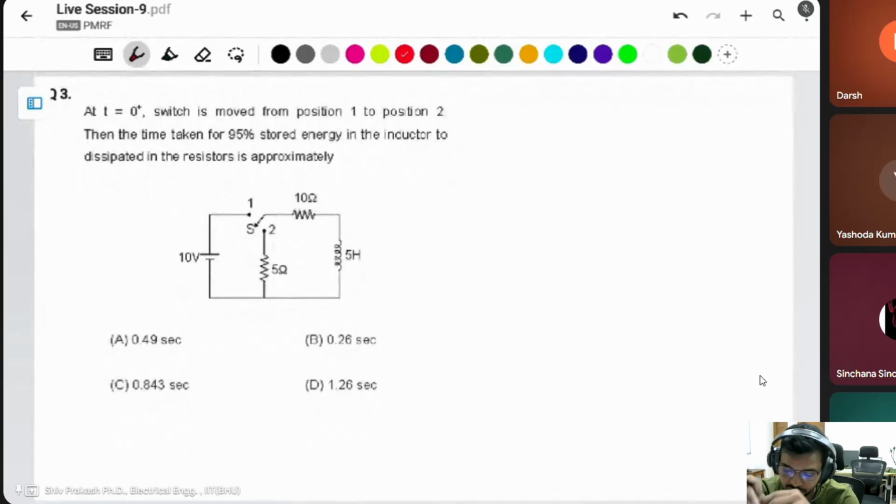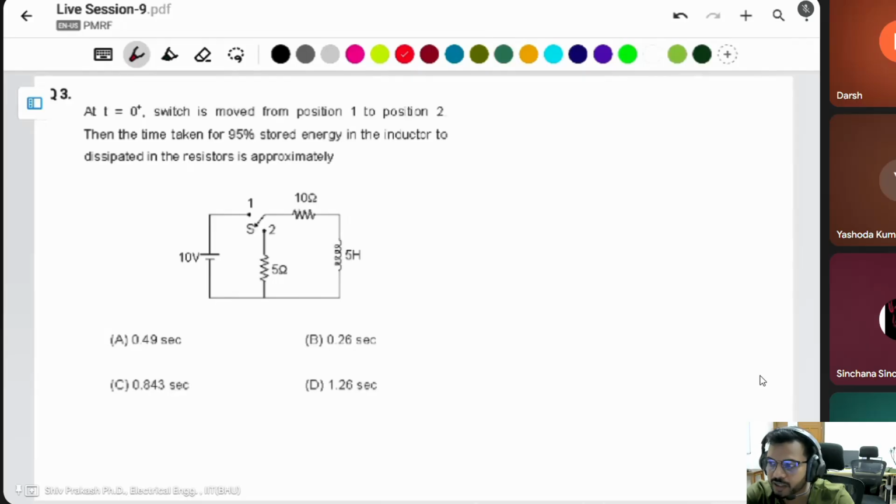Next question is about the transient. Every energy storing element has some time constant. They do not work suddenly because they store some energy, and to release that energy they take some time.